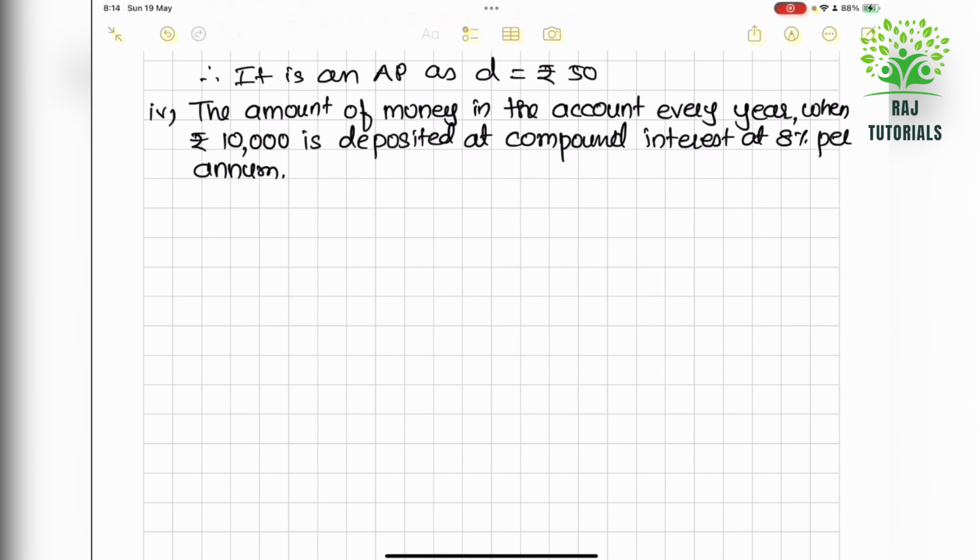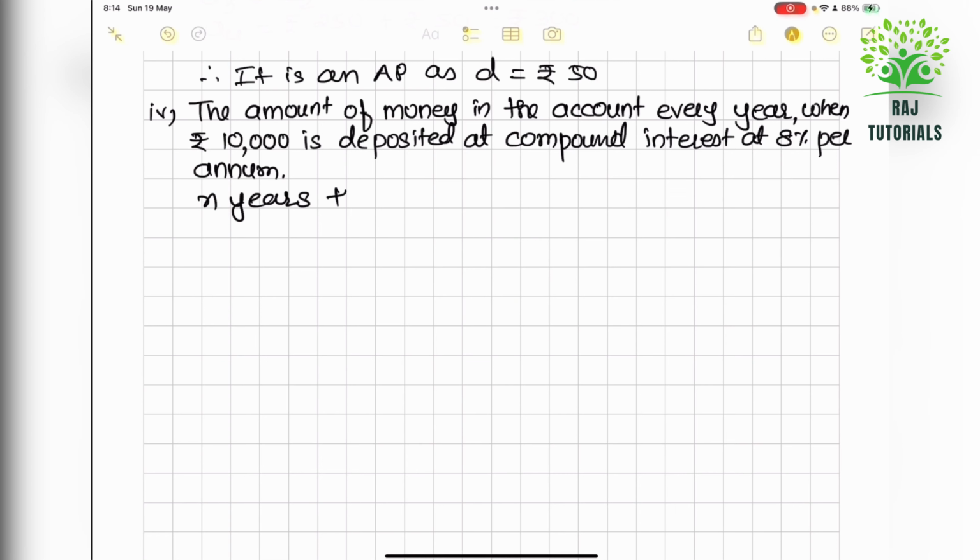So here, see, n years the amount of money will be P into 1 plus R upon 100 whole raised to n. This is the general formula to find amount.